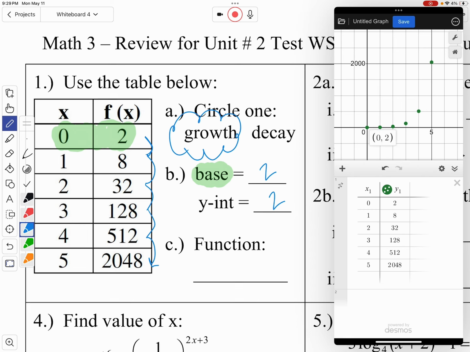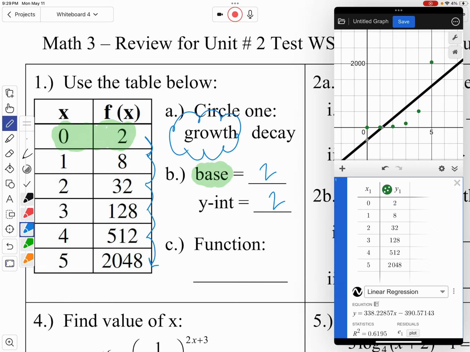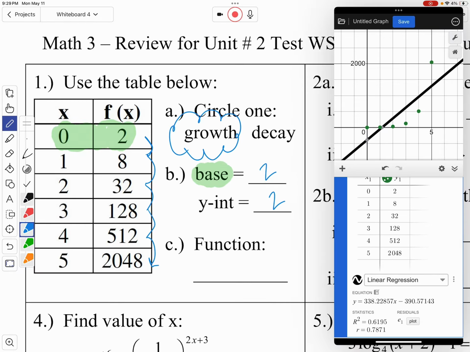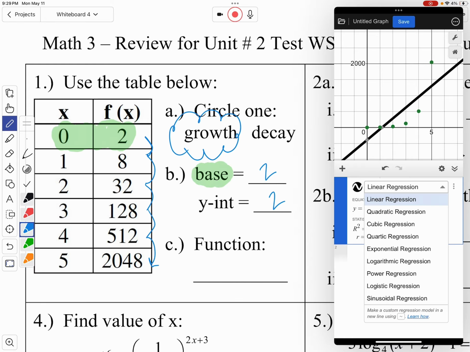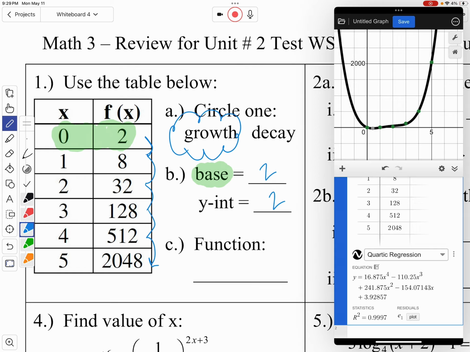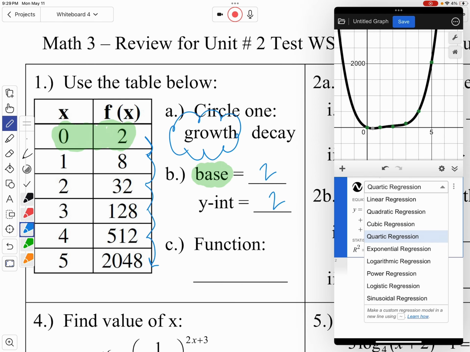The function, if we have a table, you can use the little function button on the side of the table, and it's going to give you all of these options that you can use to create a function. Well, this is an exponential function because it does have that slight curve, but you can select them as you need to until you see which one lines up well. That lines up well, but we haven't studied quartics.